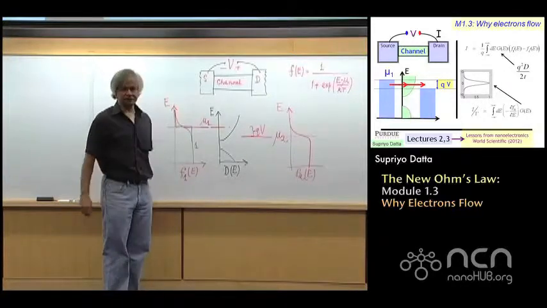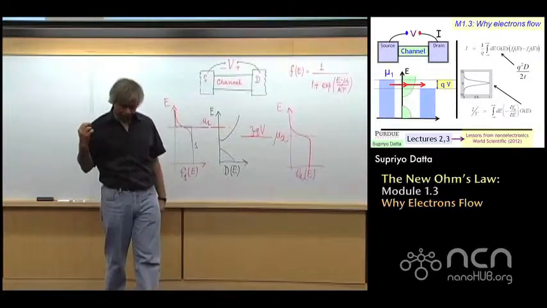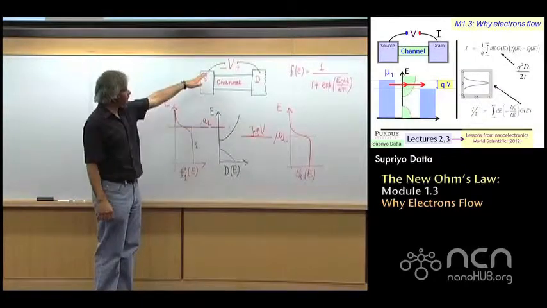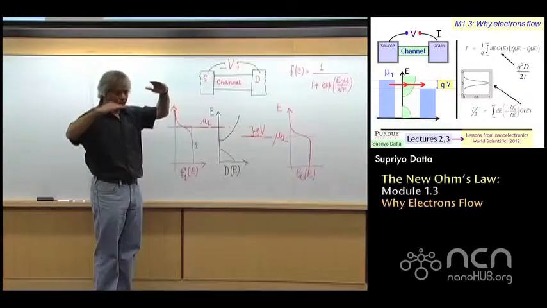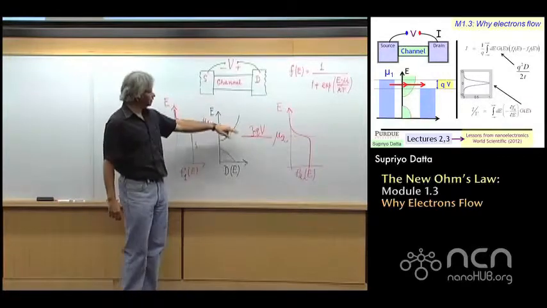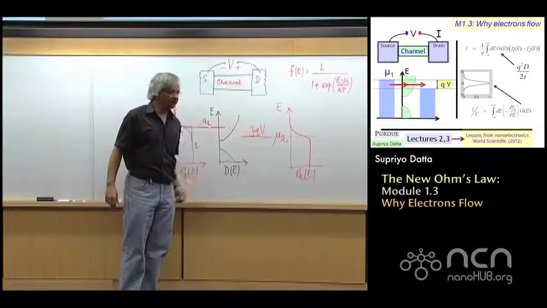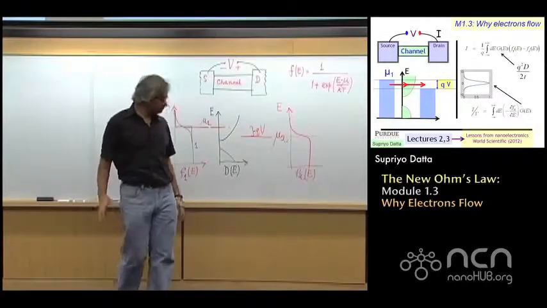That level is the Fermi level, or the electrochemical potential denoted by mu. When you put a voltage across it, the two levels separate by an amount equal to QV, Q being the charge on an electron and V being the applied voltage.